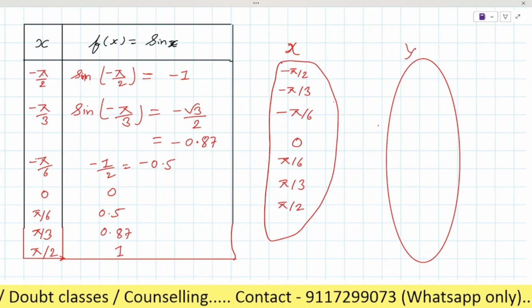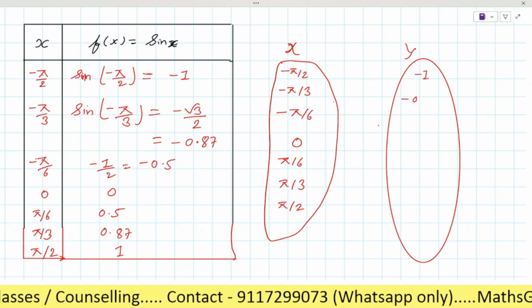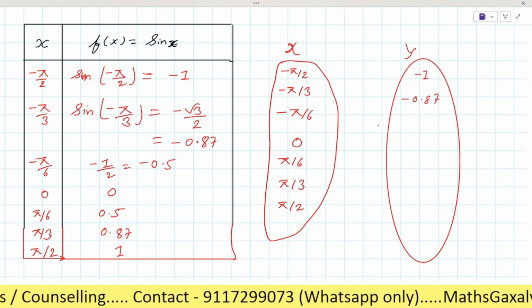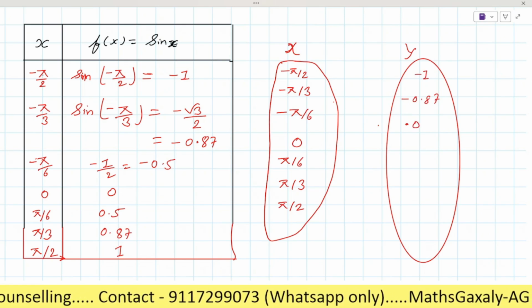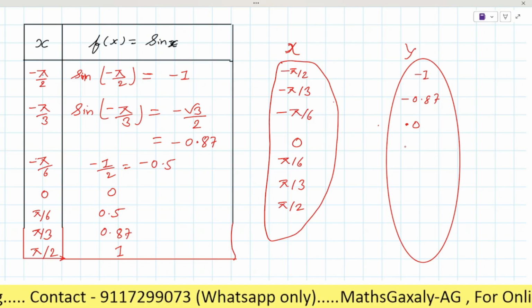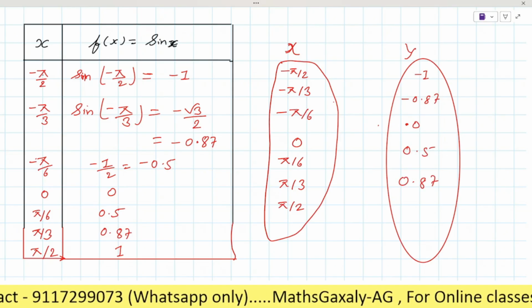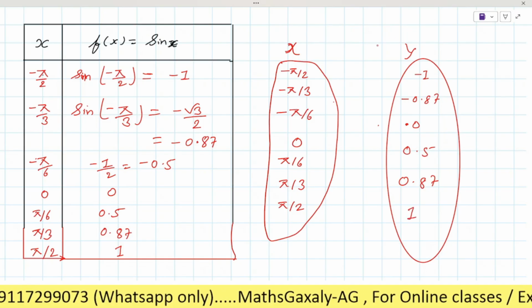Is it clear? And here the range will be minus 1, minus 0.87, minus 0.5, 0, 0.5, 0.87 and 1, right?